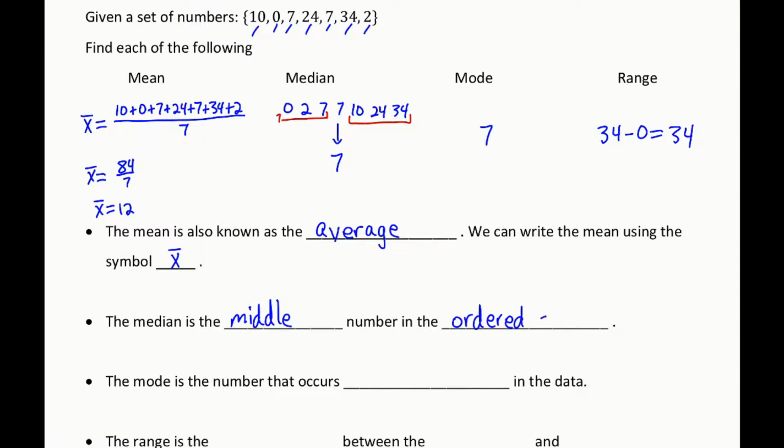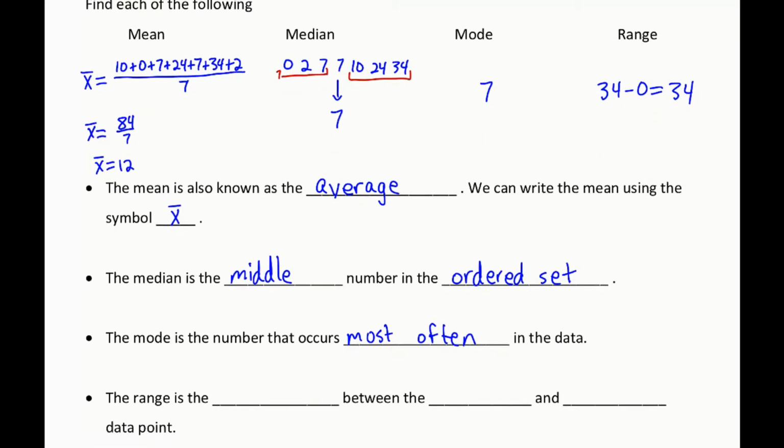And by ordered set, I just mean from smallest to biggest. The mode is the number that occurs most often in the data. And sometimes there's data that doesn't have a mode because all of the data points occur only once.